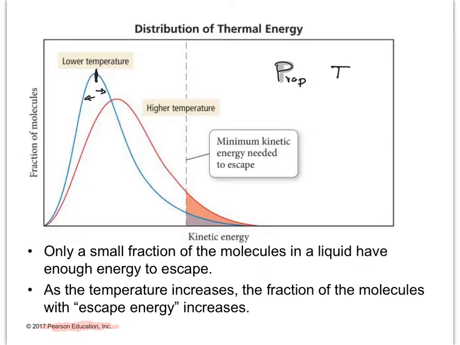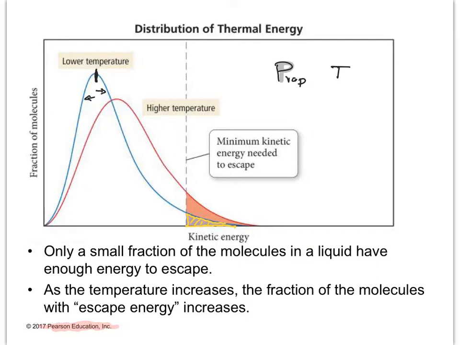And there are some molecules, some fraction of those molecules, that have enough kinetic energy to break the intermolecular forces holding those molecules in the liquid phase. Those can enter the gas phase, and so then that is our process of evaporation.